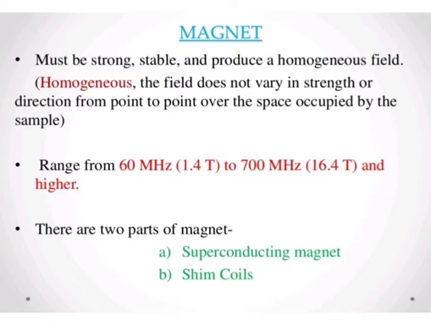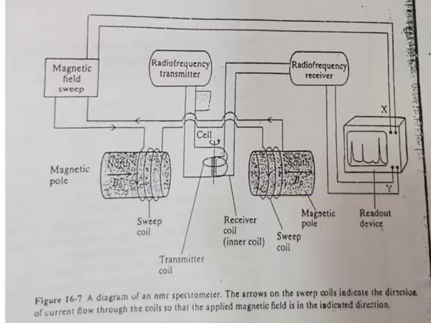Then the range of the magnetic field is from 60 megahertz, that is 1.4 Tesla, to 700 megahertz, that means 16.4 Tesla, and higher. And there are two parts of magnets, superconducting magnets and shim coils. So two types of magnets are used.